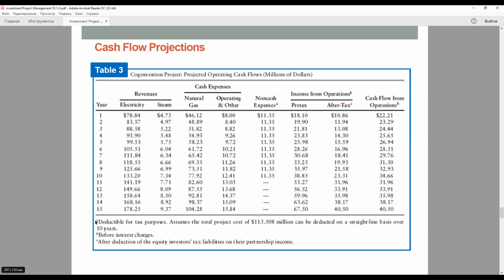So just consider, if you have the very same level of inflation index, then you can apply it both for revenues and the costs of your project.